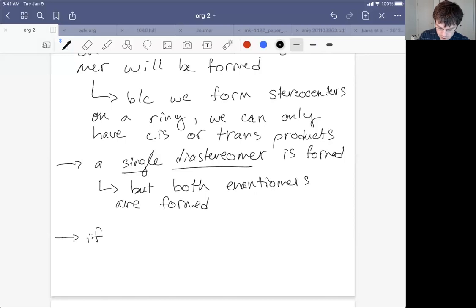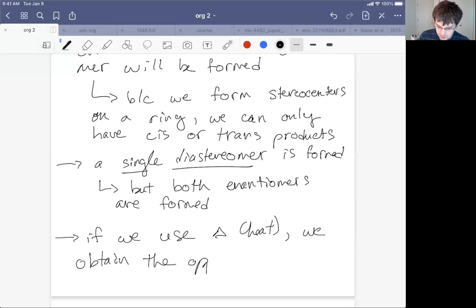if we use heat, and recall that we can use both heat or light, if we use heat, we obtain the opposite diastereomer that we get with light.